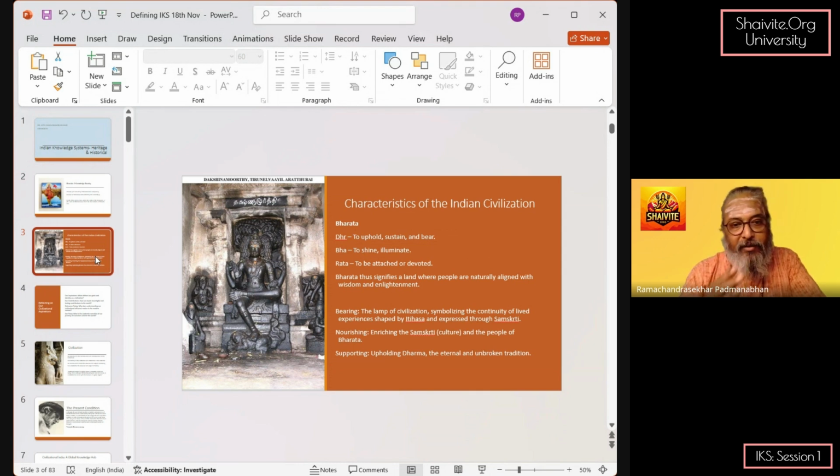It is very, very clear in the activities of the people who truly belong to this land, who have been trained in this knowledge system, that we have always chosen dharma over anything else.